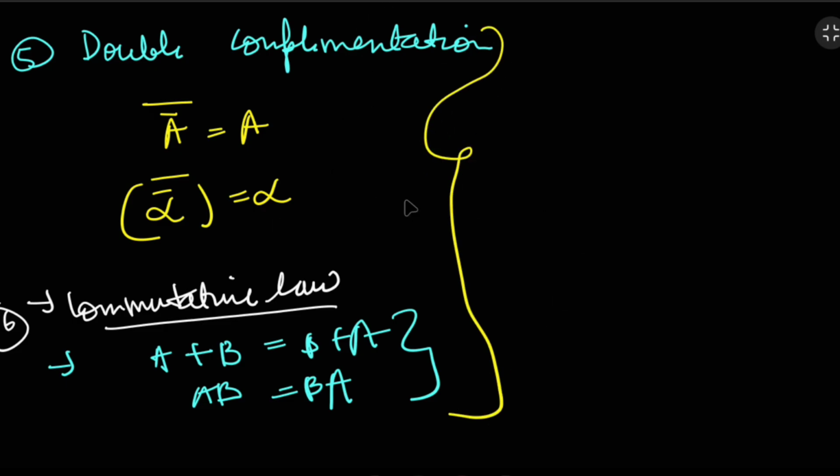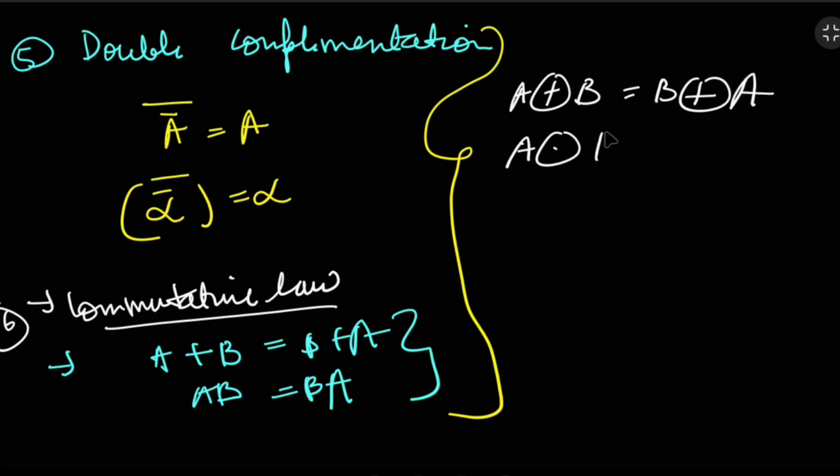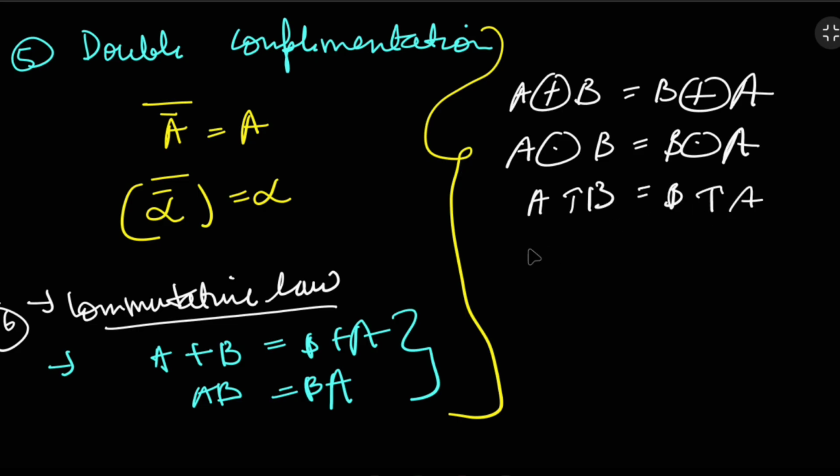Now, is exclusive or commutative? Is it same as A exclusive or B, B exclusive or A? This is also commutative. This is also commutative. This NAND is also commutative. And then this is also commutative.